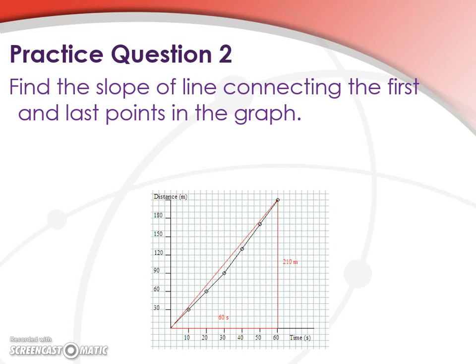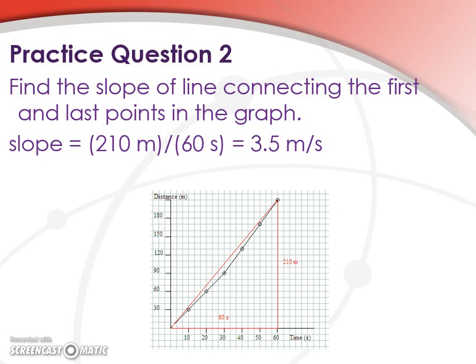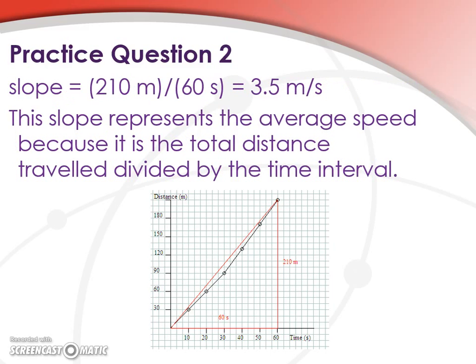And we get 210 meters divided by 60 seconds, or 3.5 meters per second. So what's that 3.5 meters per second? Well, that's the average speed, right? So across that 1 minute, she traveled 210 meters. We can calculate her average speed very easily: total distance traveled divided by the time interval.